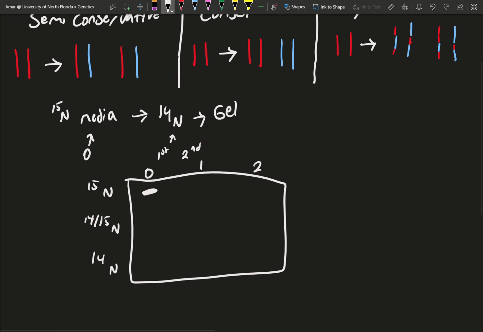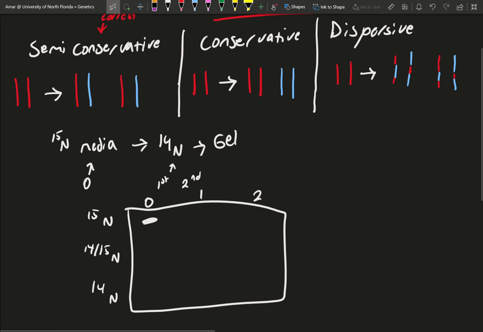So after replication, and we can call this the semi-conservative model for the gel that I'm drawing right now, you end up with four homologous chromosomes. Because both of these sister chromatids have the N15 and the N14, they would be considered the hybrid.